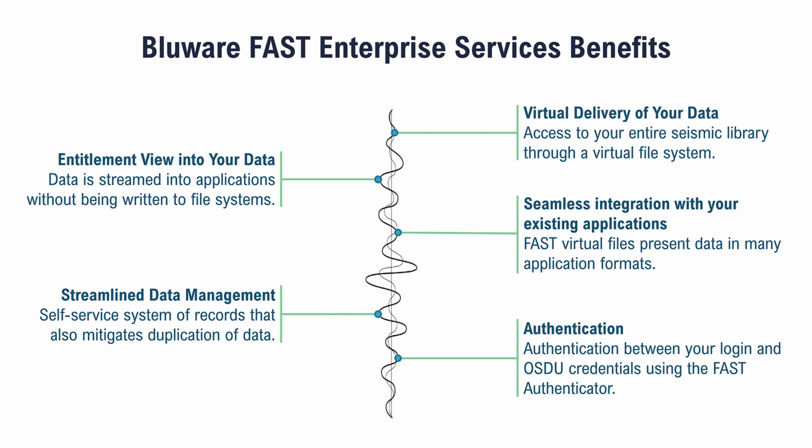FAST supports many formats, with the extensibility to cover more software packages and even internal formats. There's also streamlined data management. It is a self-service system of record that also mitigates duplication of data. Finally, there's also authentication. You can authenticate between your login and OSDU credentials using the FAST Authenticator.